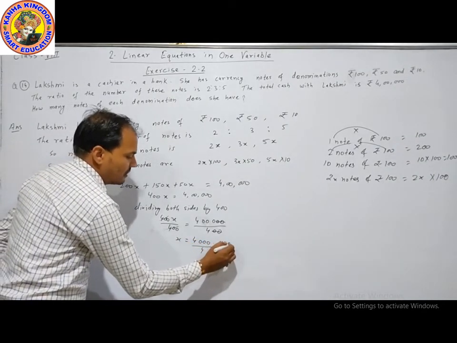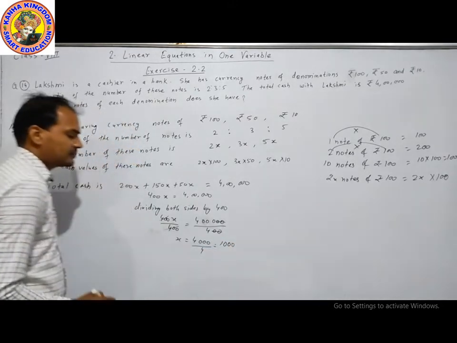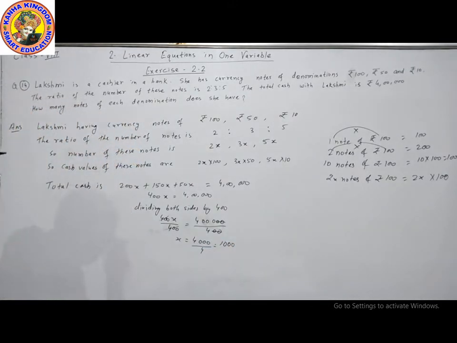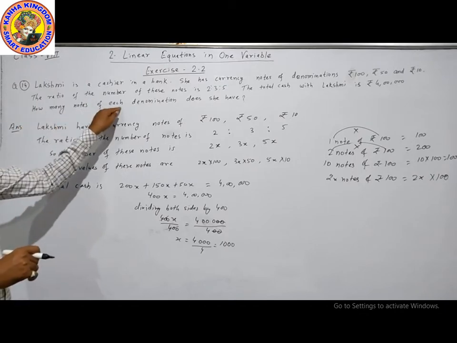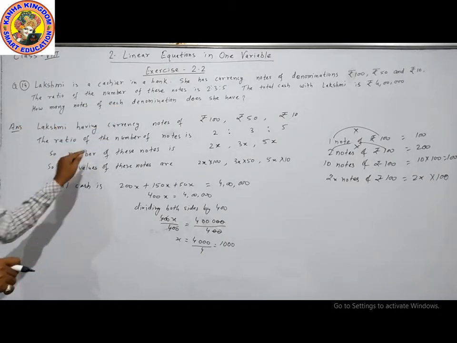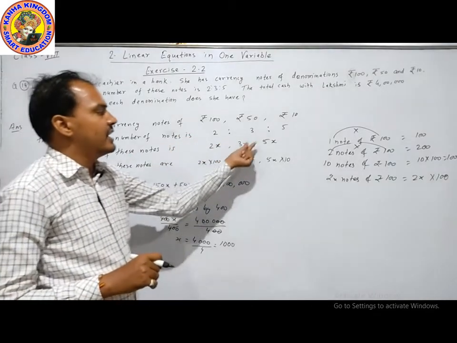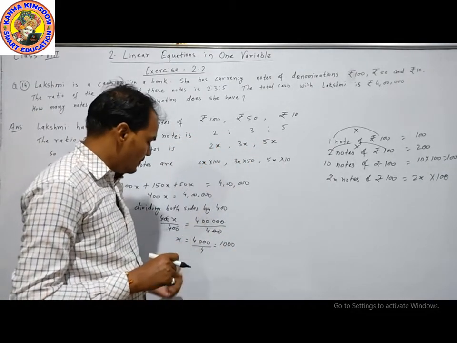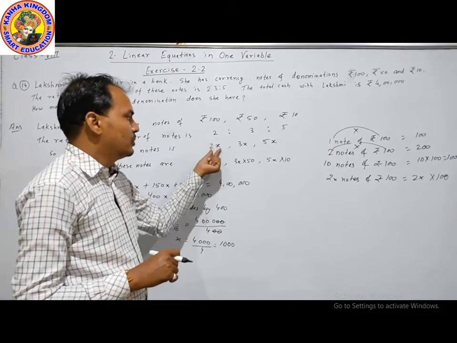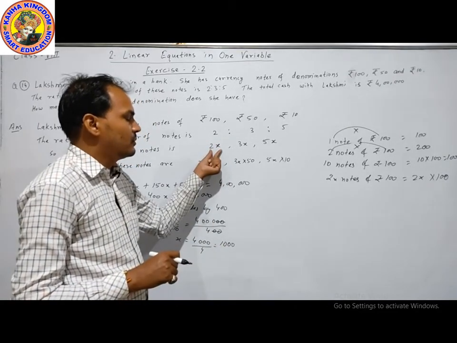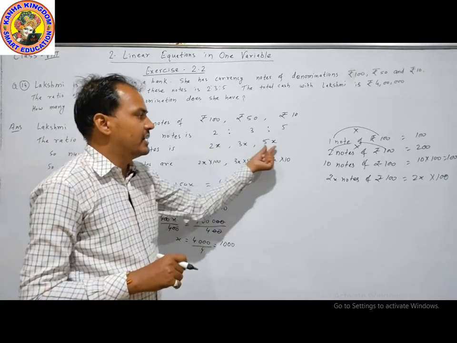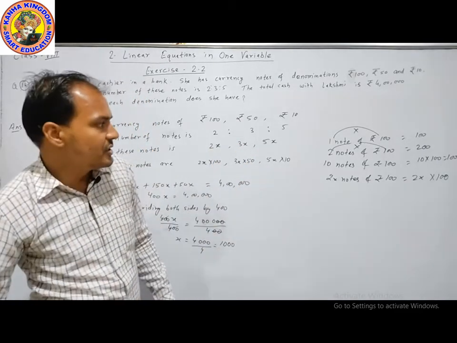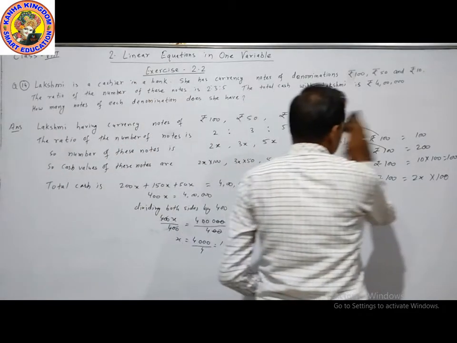The answer is 1000. We get the value of x. But the question is, how many notes of each? The number of notes is 2x, 3x and 5x. So putting in the value of x, 2 into 1000 is 2000, then 3000 and 5000. This is our final answer.